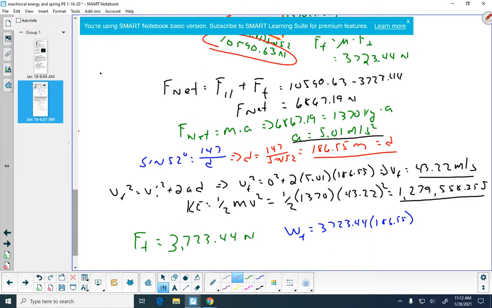If you take that quantity and then add it to your kinetic energy at the bottom, you get somewhere close to the potential energy at the top. It won't be exact, but it'll be close. If I held all my decimal places and did all my calculations holding my decimal places, it came down to the exact amount.